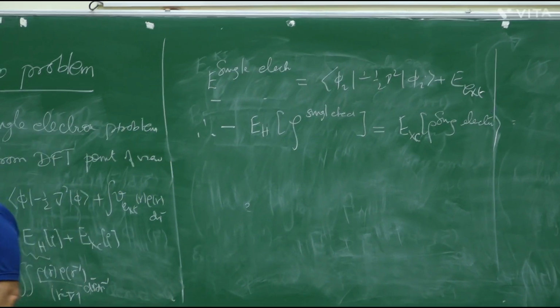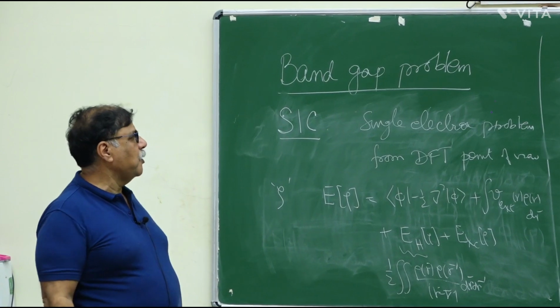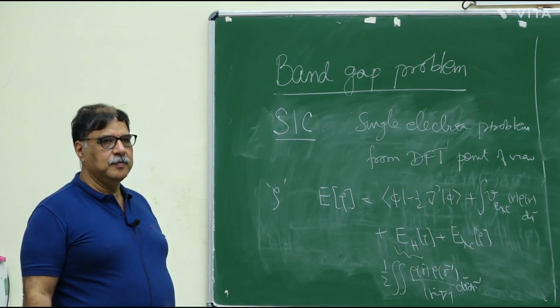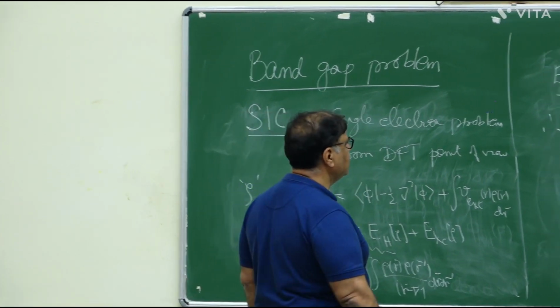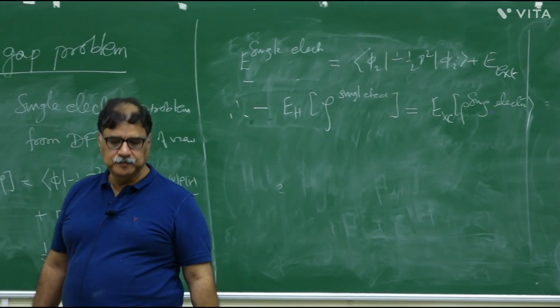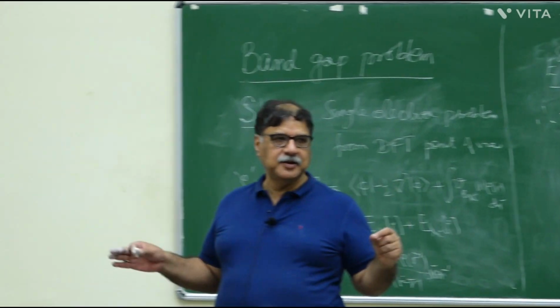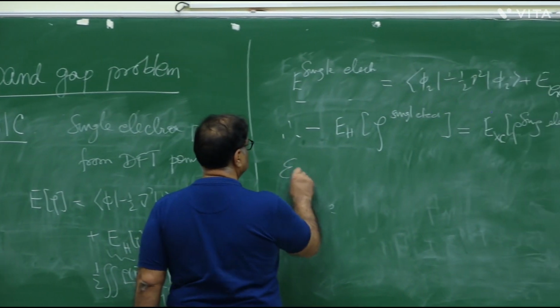Whatever exchange correlation functional you have, this is an exact property it must satisfy: if I take a single electron density, it must come out to be exactly equal to minus the Hartree energy. Alright, that should be the exact property of an exchange correlation functional.